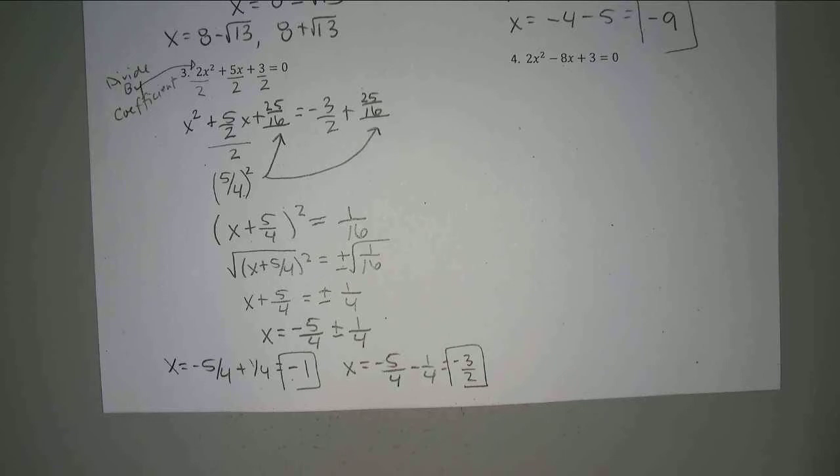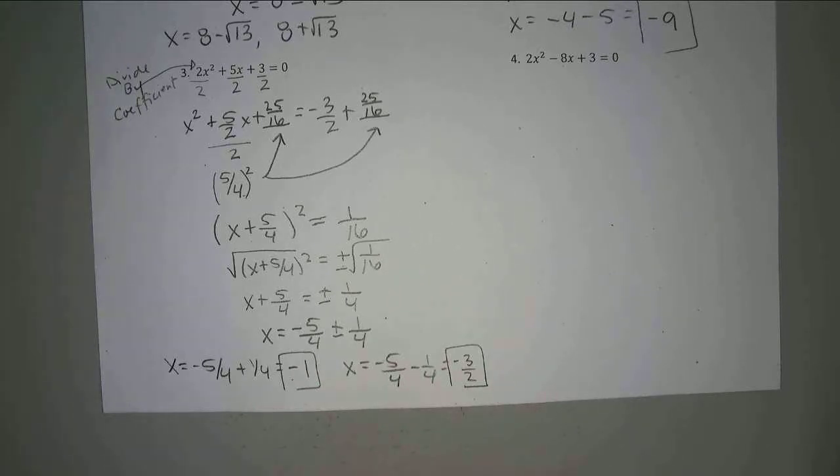Again, what does that mean? Since we got two answers that don't have a root in them, it means our original equation was factorable. Our A was 2, our C was 3, so factors of 6 that add to 5 would have been 2 and 3, and you would have done factor by grouping, 2x squared plus 2x plus 3x plus 3, and done all the math, and you would have gotten x plus 1 on one, and then 2x plus 3 on the other, and you would have solved it.